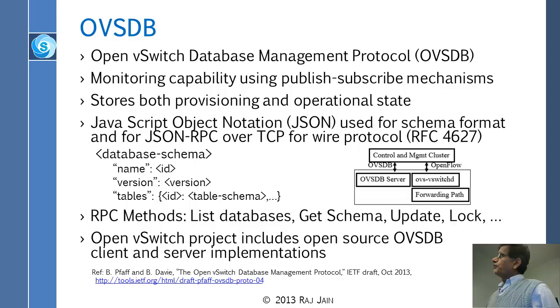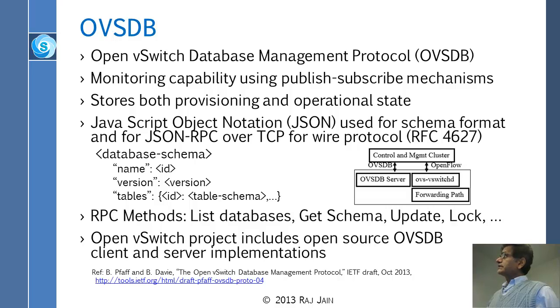So OVS Database Management Protocol is OVSDB. Basically, this is your OpenVSwitch. It will have three modules inside it. One is what is called the OVSDB server. There is what is called the vSwitch daemon, so it is switchd. And then there is a forwarding path.